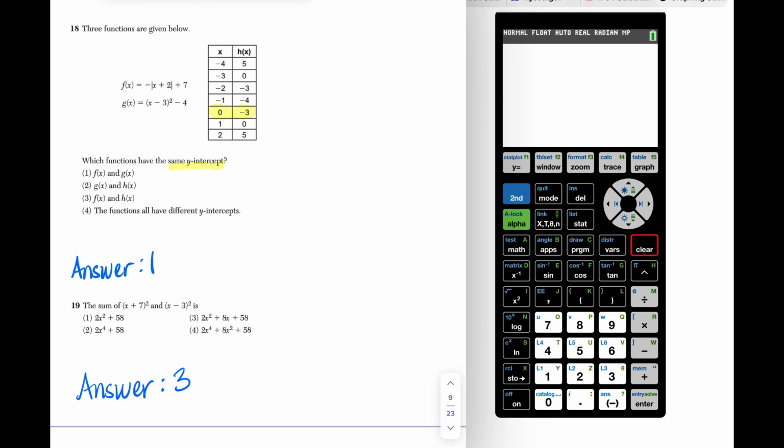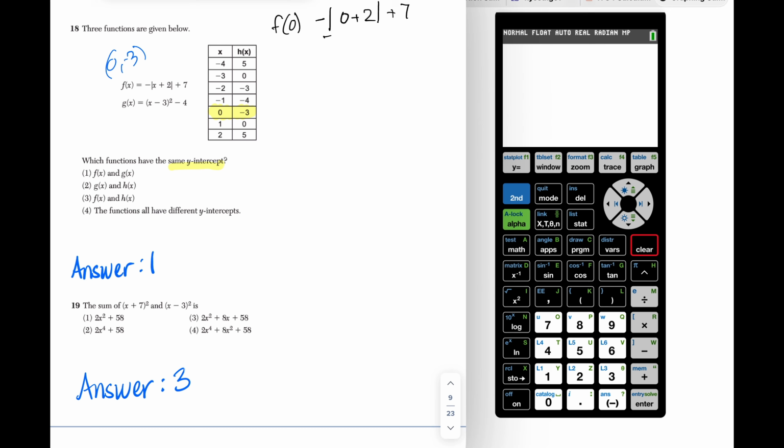So I'm just going to see, do either of these have these coordinates? I'm going to try f of x first. We're going to do f of 0 to see if it's true. So I have negative absolute value of 0 plus 2, plus 7.